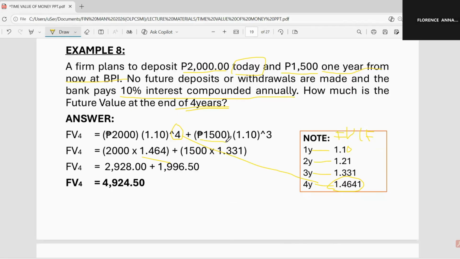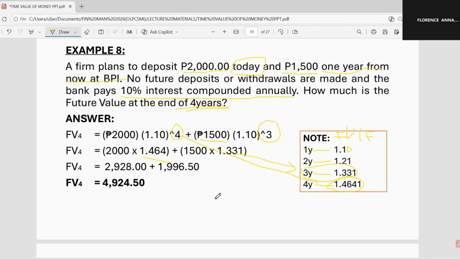deposited 1 year from today, at the end of 4 years, it will have to earn interest in 3 periods. That's why we'll use the FVIF in period 3 na 1.331.